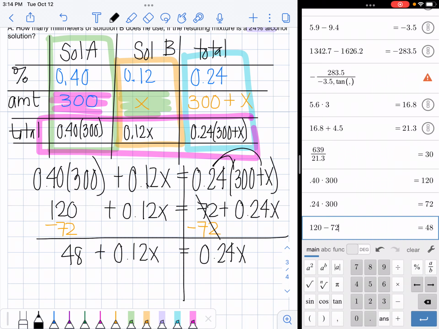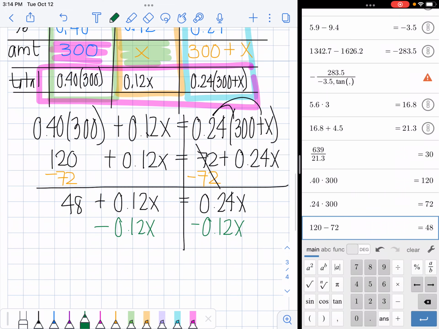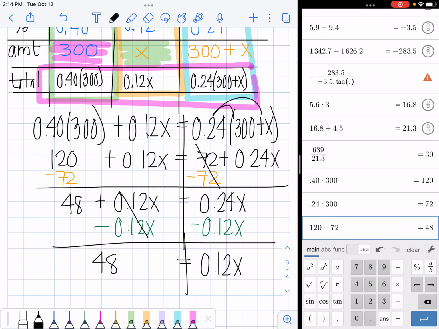Now I need to move my x's, so I'm going to subtract 0.12x from both sides. So I get 48 is equal to 0.12x. To get x by itself, I have to divide by 0.12.